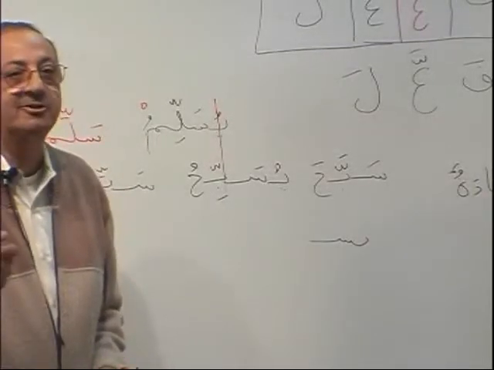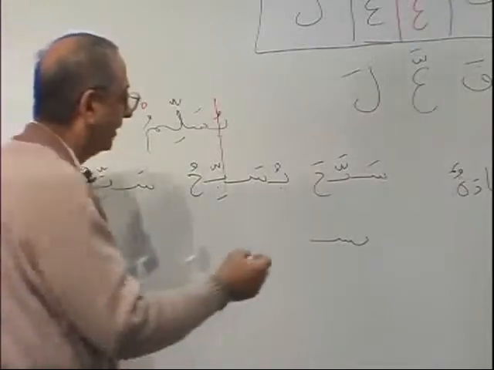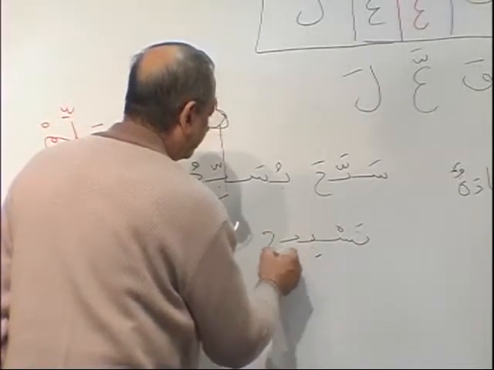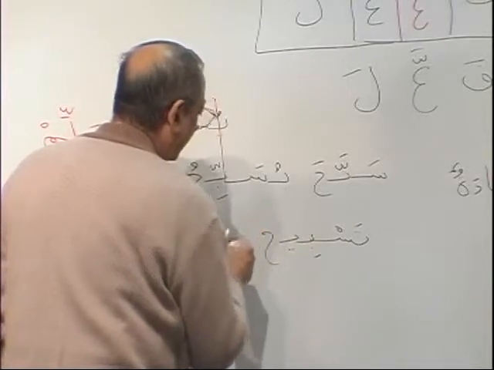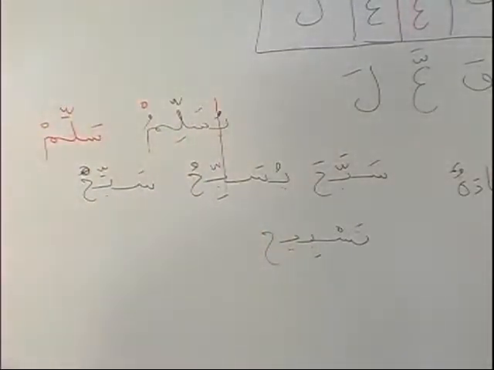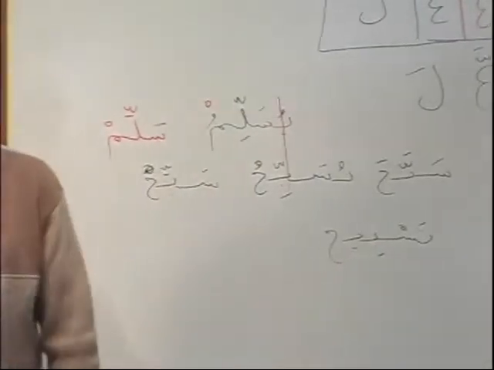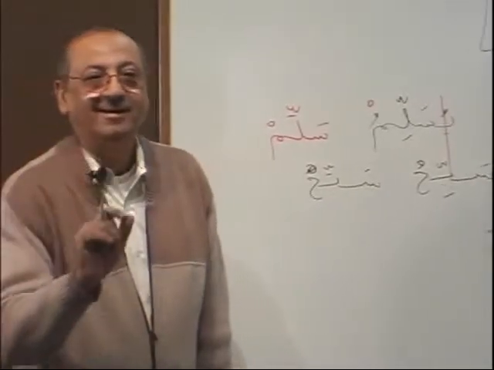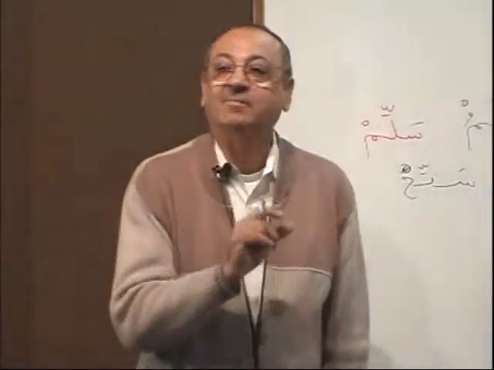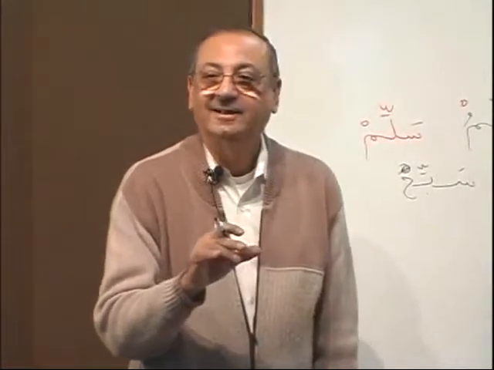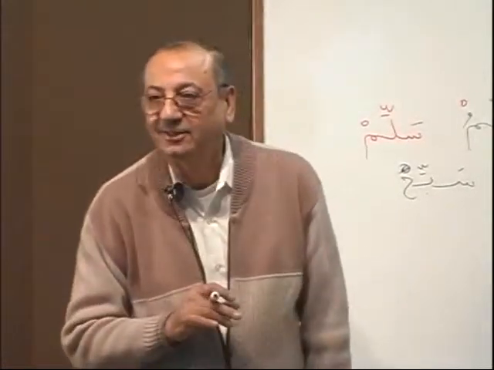When you take your tasbih. Subhanallah. Okay. Tasbih. Now, brother and sister, Maimuna, you know maf'ulun mutlaq. Little bit. That maf'ulun mutlaq is the masdar of the verb that comes in the sentence.